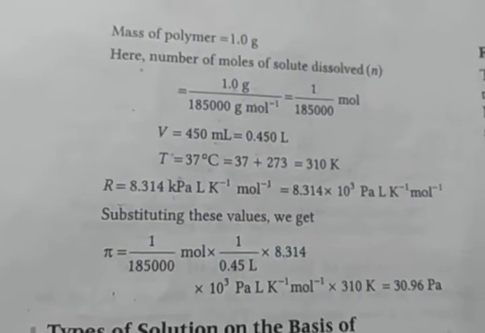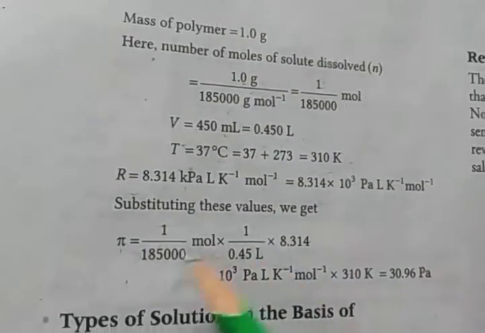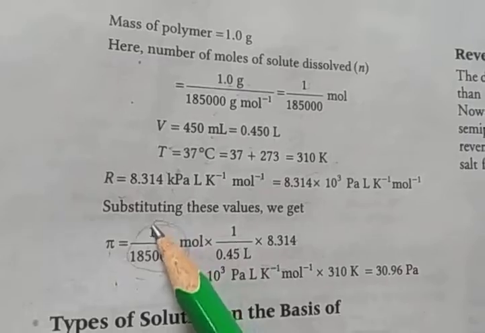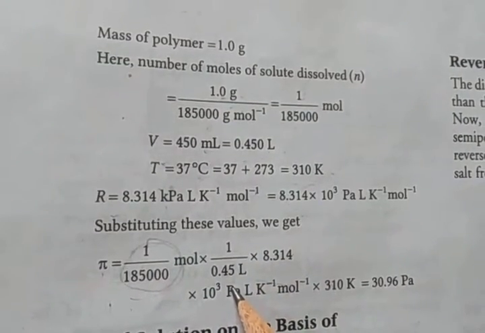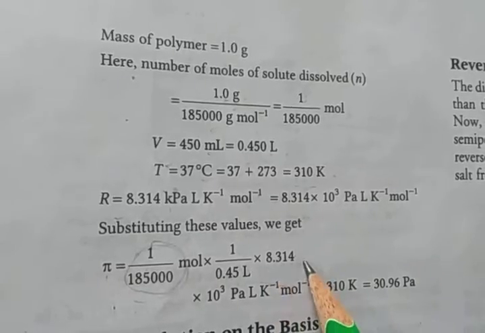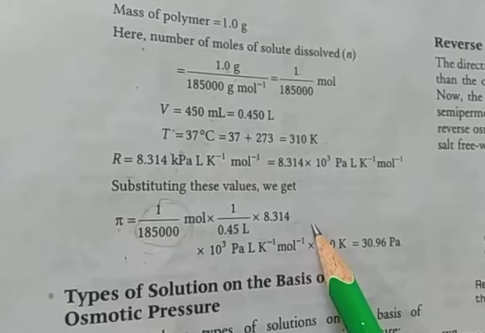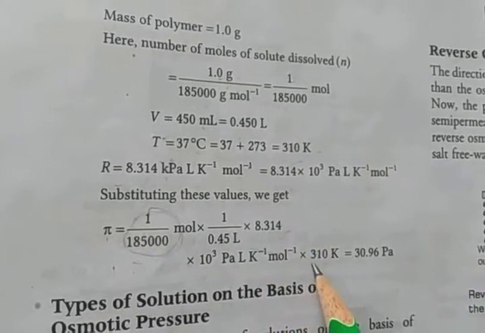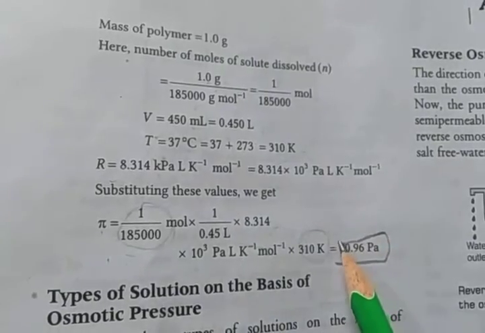Substituting these values, we get pi equal to n, 1 upon this value, upon 1 upon 0.45, into 8.314 into 10 to the power 3 into T, so 30.96 Pascal.